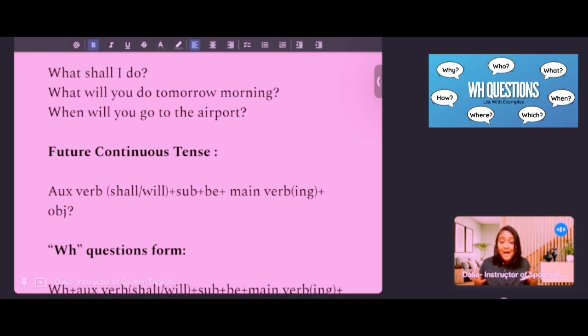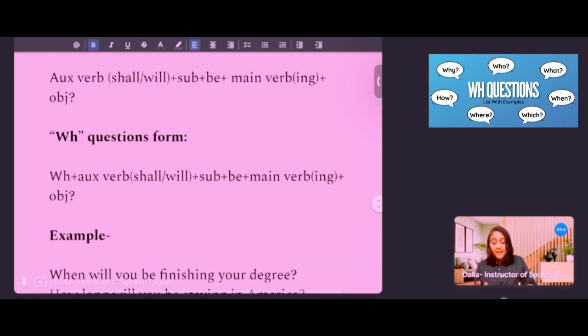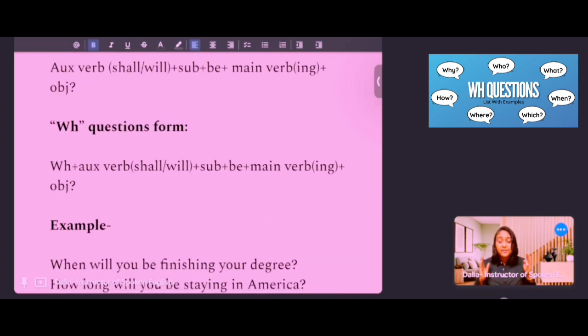Now if you want to make a WH question, just bring the WH word to the beginning of the sentence and follow the general structure of an interrogative sentence of future continuous tense. It's really pretty easy.